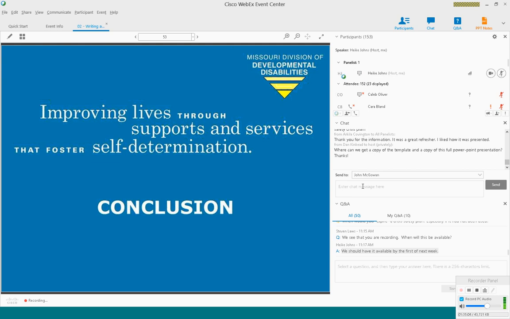There is a copy of the directive. There's a copy of the tool. So you can go ahead and get access to that right now. But the recording and the PowerPoint will be available as soon as the technology masterminds here are able to edit and make me sound smart and put it up on the website. Are there any other questions?